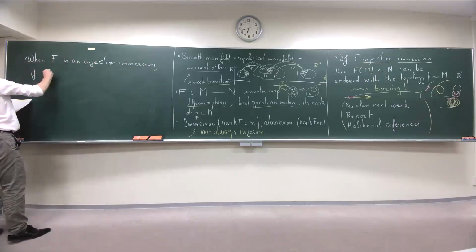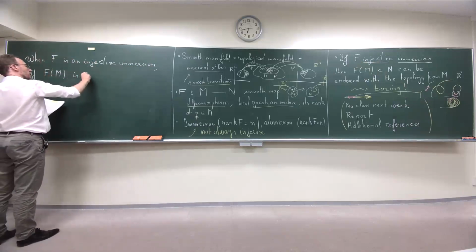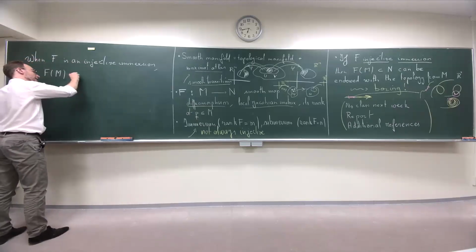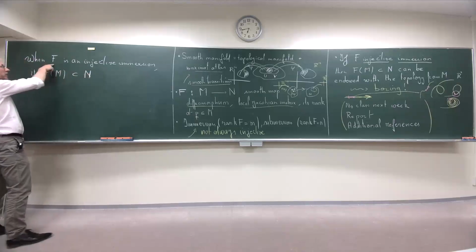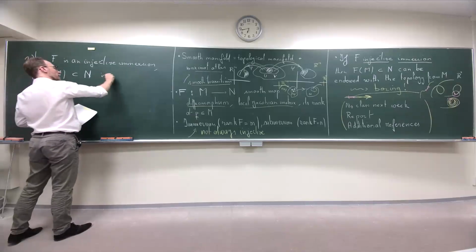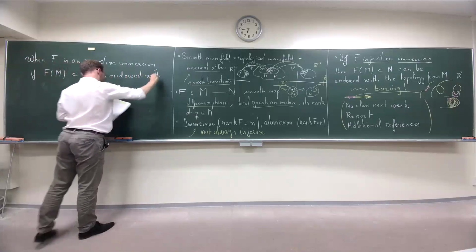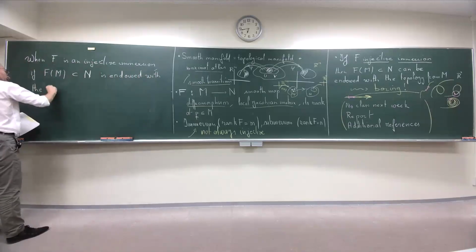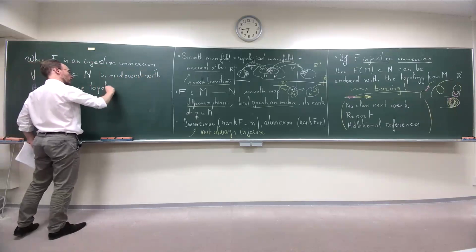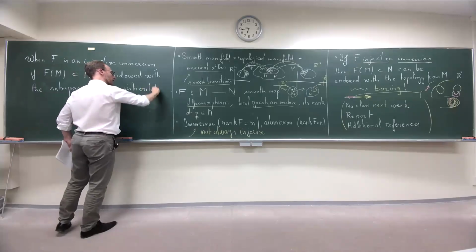F of M, the image, what we see, is a subset of N because F is from M to N. F of M inside N is endowed with the subspace topology, precisely inherited from N.